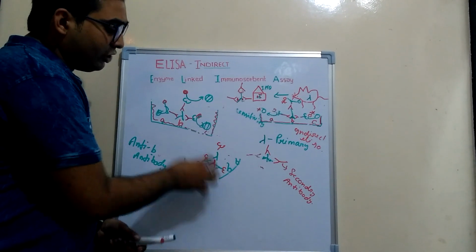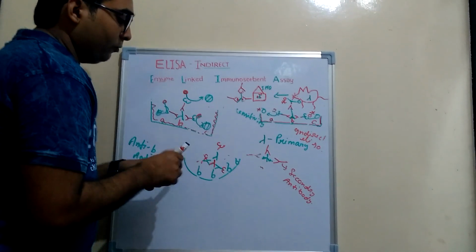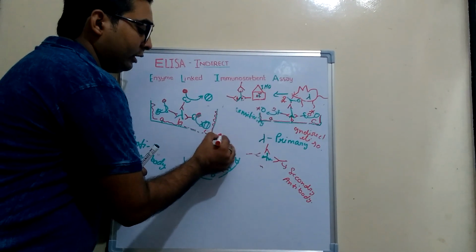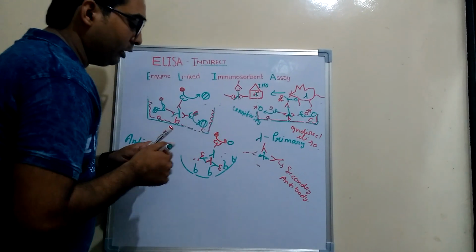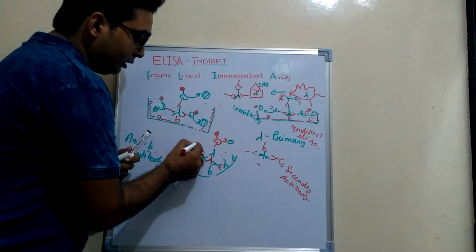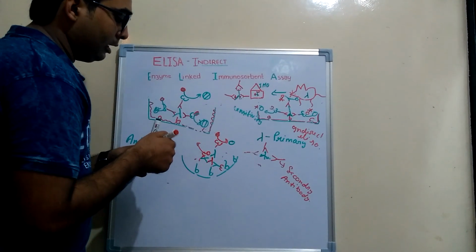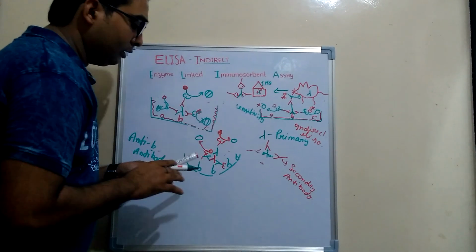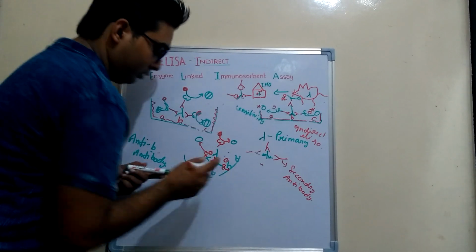So this enzyme linked secondary antibody, when I use the substrate, will convert it into product. Again here, this is substrate and that is product.